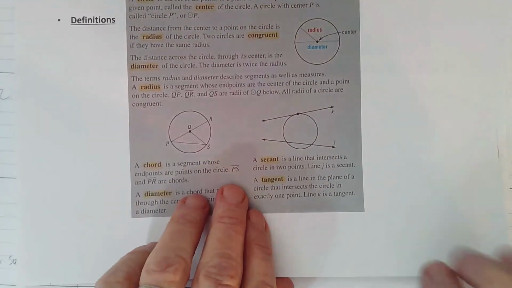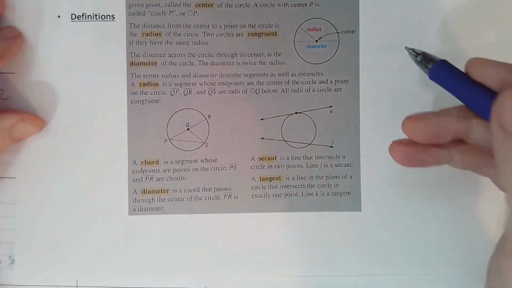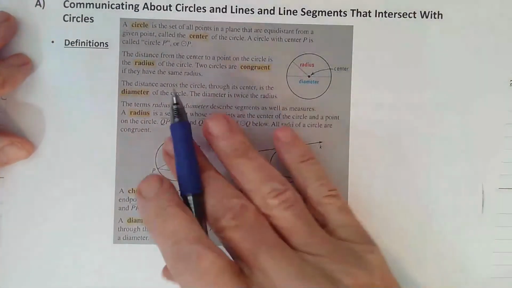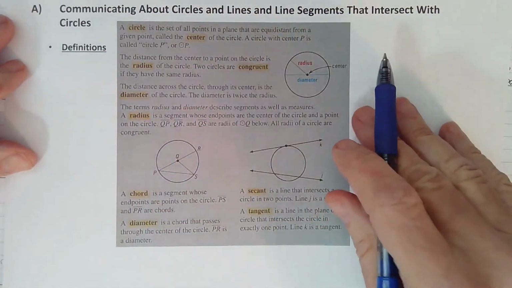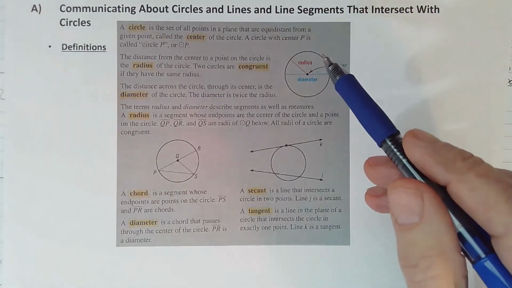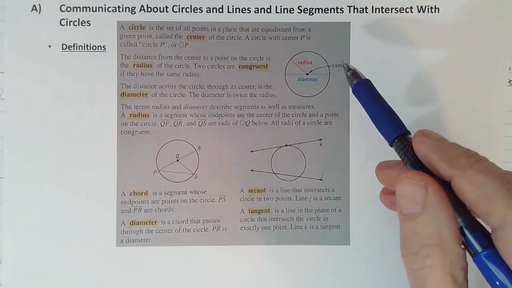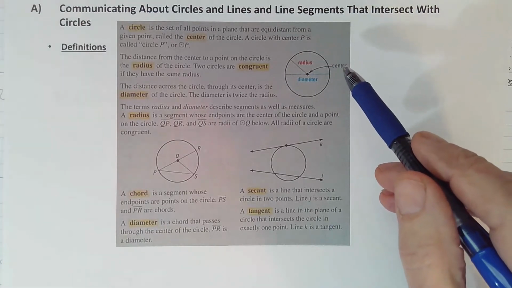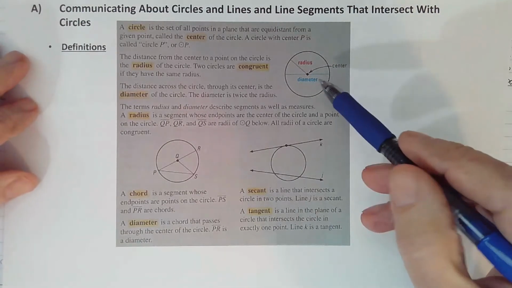All right, so let's go back and start out with just a quick review. I included this slide from the previous video, 9.3. These were definitions of the parts of a circle and the segments involved.